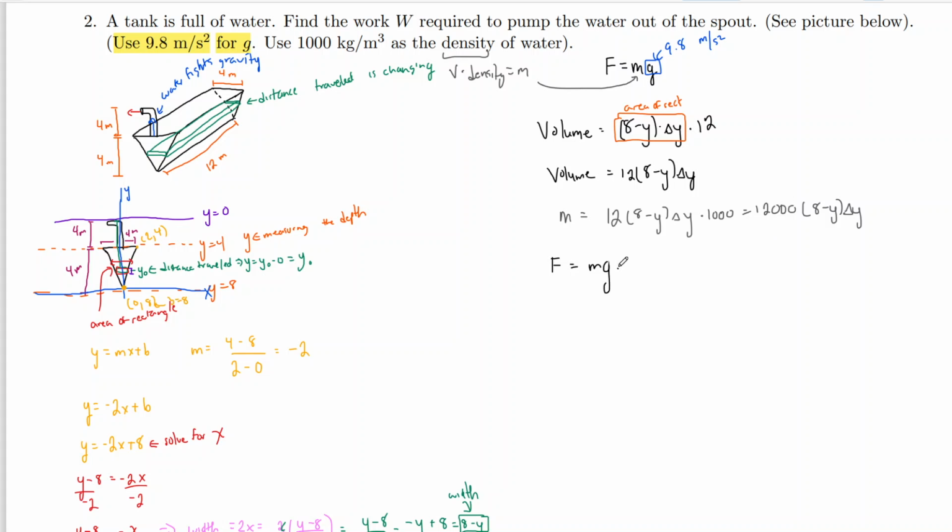We have our entire m here, 12,000 times 8 minus y times delta y, and then this is multiplied by the 9.8. And you can simplify this because 9.8 times 12,000 equals, see what it equals here.